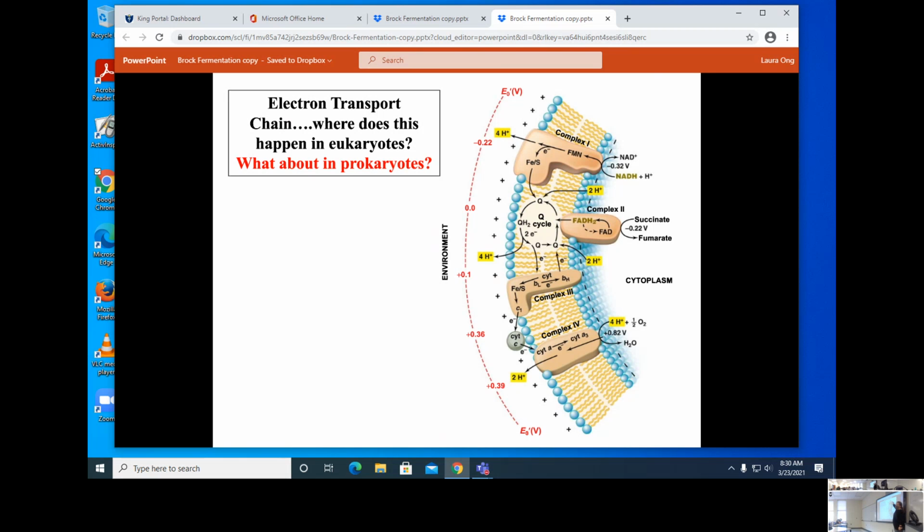On this slide, this end is the beginning of the electron transport chain. And the cells have been making NADH in the cytoplasm from glycolysis and Krebs cycle, probably. And the NADH is still delivering electrons into the system. FADH2 is still delivering electrons into this system. That's similar.